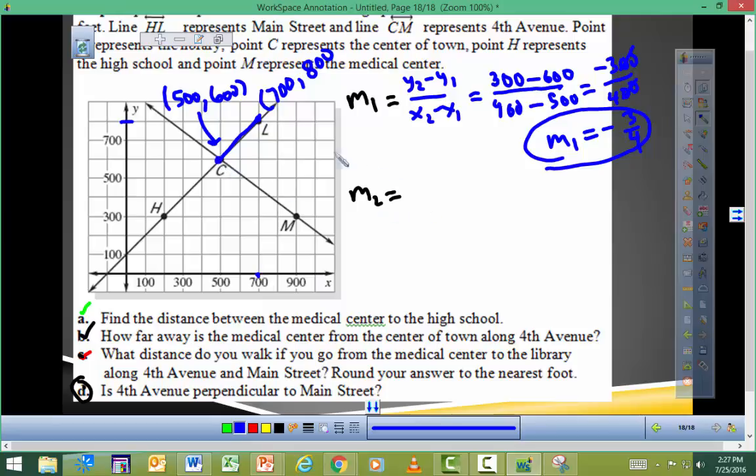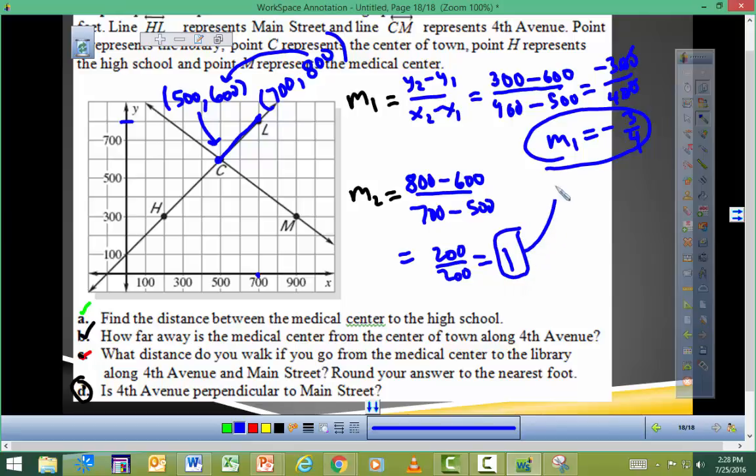So slope number 2, remember it's rise over run, so we've got to subtract the y coordinates. It's going to be 800 minus 600 divided by 700 minus 500. And so this would give us 200 over 200, and that's equal to 1.